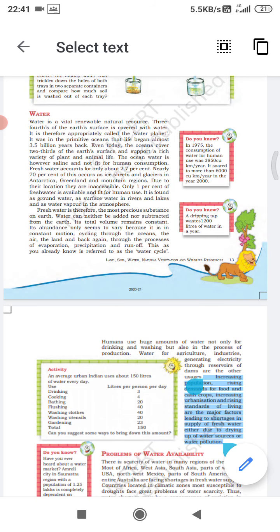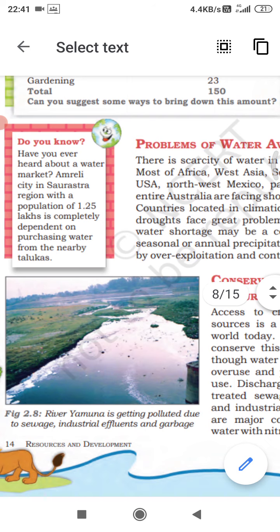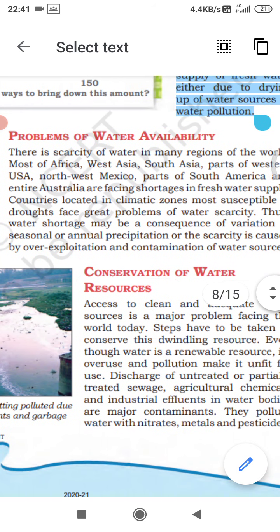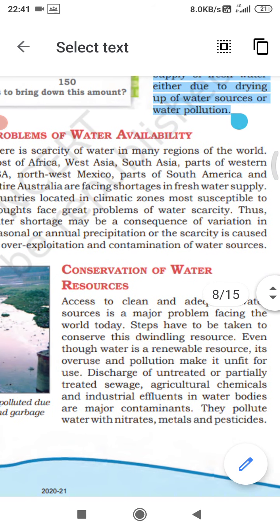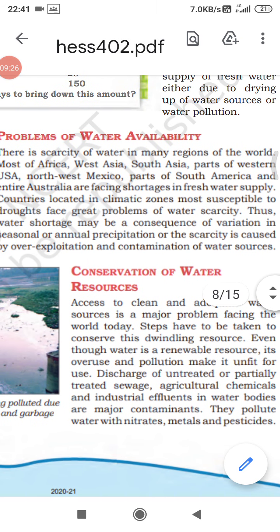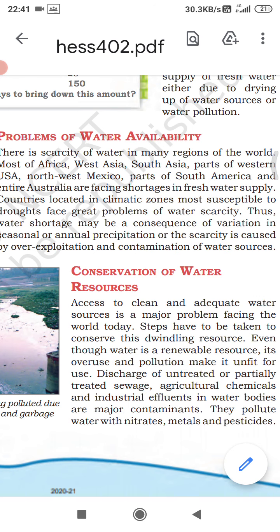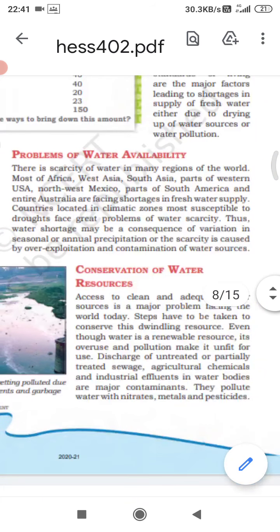Now, the problems of water availability. There is scarcity of water in many regions of the world. Most of Africa, West Asia, South Asia, parts of Western USA, Northwest Mexico, parts of South America, and entire Australia are facing shortages in fresh water supply.